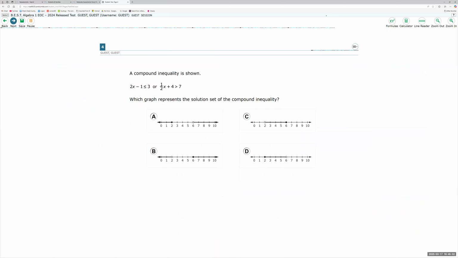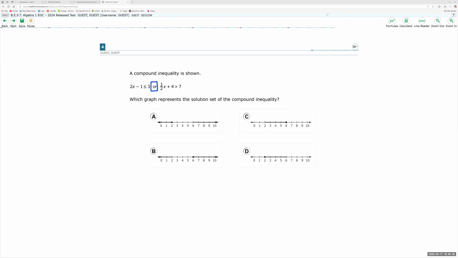Question 4, another inequality. Let me make it a little bit bigger so you can see. So when it says or, it's going to be an inequality that we're going to graph with arrowheads.